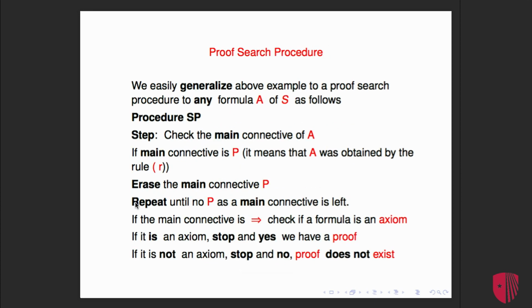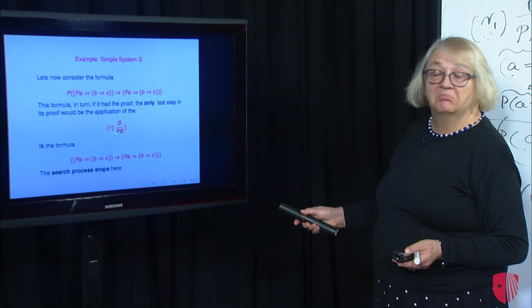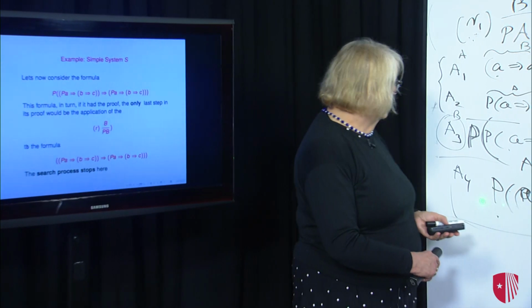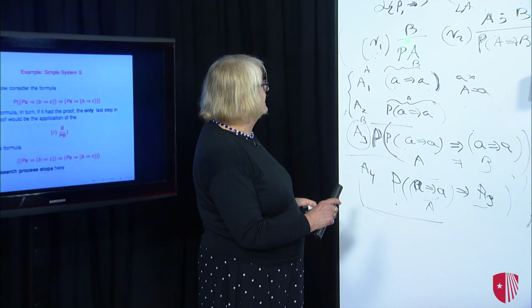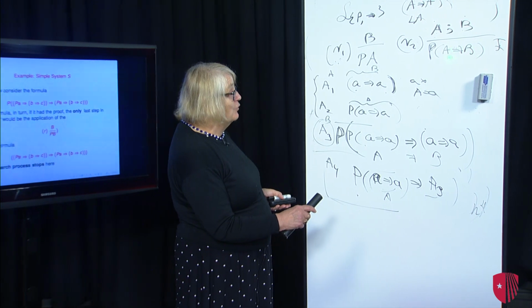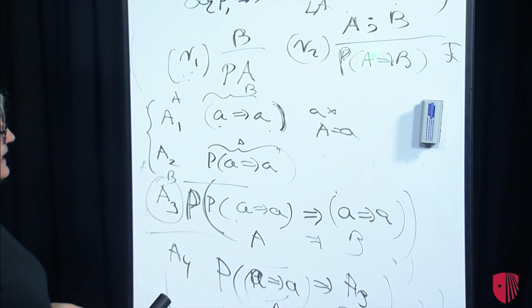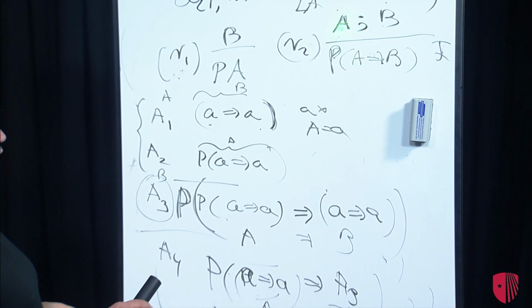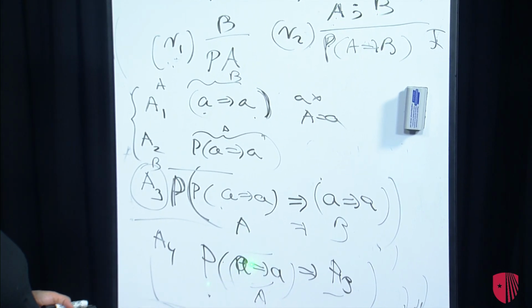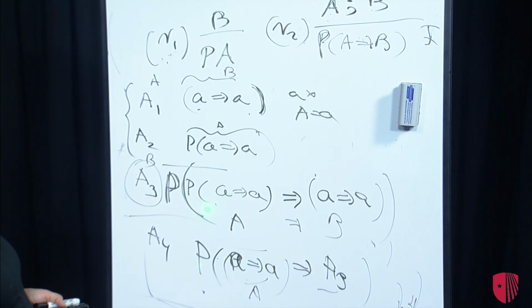So what does it mean? If you have a rule like this and you want to search for a proof, I have this. The rule says I can erase P, and I can go back. Here you have A and B. So if you have P and you have this, you can know what is A and what is B. Here you know that A is there, and B is this.